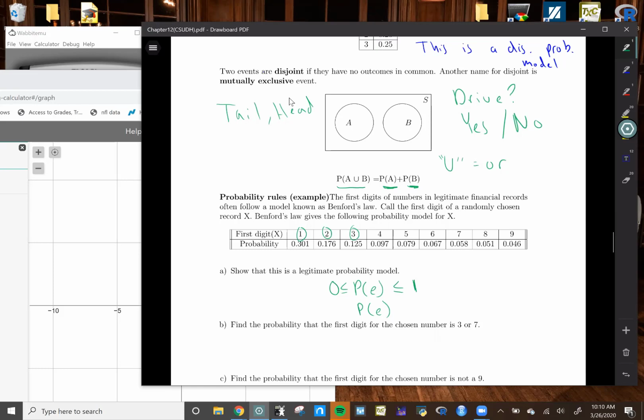Does anybody know the second one? Well, the second one is that if you add up all the probabilities, it should always add up to 1. So we're going to check to see if that's true. We're going to look at all of these probabilities right here, and we want to see, are all of these probabilities between 0 and 1?